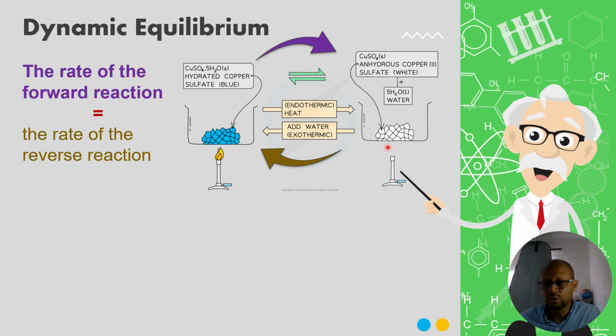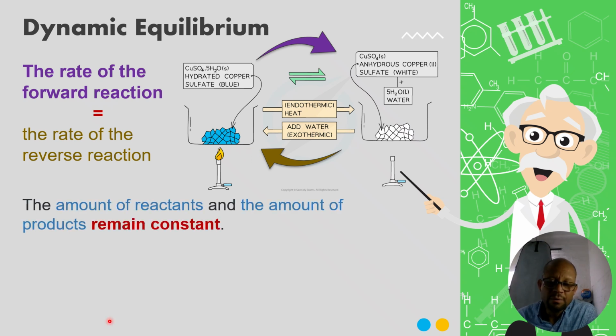If you see more grayish white, it means the reacting mixture, or the container that you have it in, will contain more anhydrous copper sulfate and less hydrated copper sulfate. So what you see is not always what happens at the microscopic level. Okay.